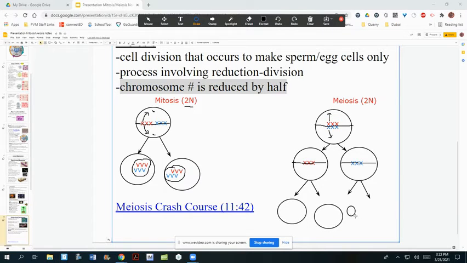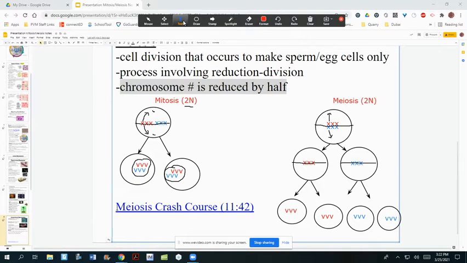So I'm going to run out of space here, so I'm going to make them a little bit smaller. All right. And that second division is going to give you what we were originally talking about.